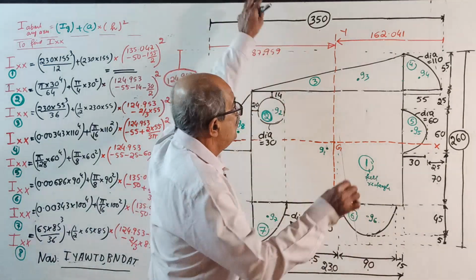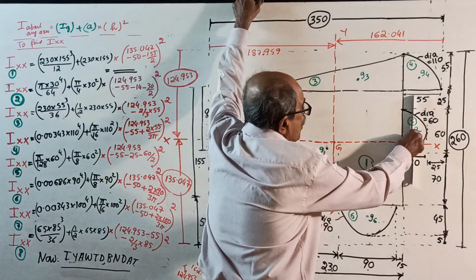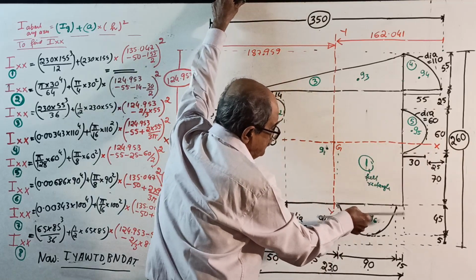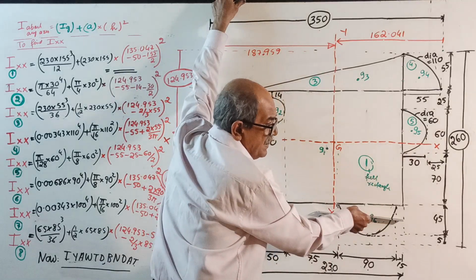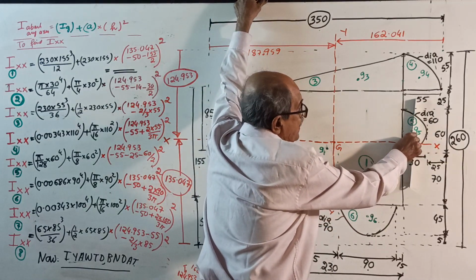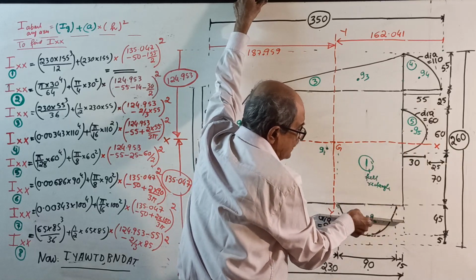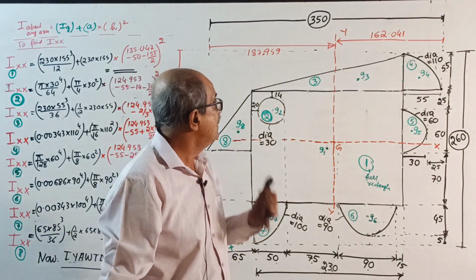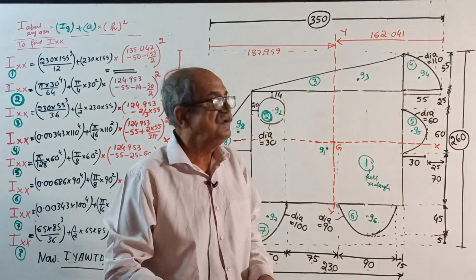So for this one, 0.00686 into diameter power 4. Here, for this axis, symmetry is not there. About the vertical axis, 0.00686. Here about the horizontal centroidal axis, 0.00686.